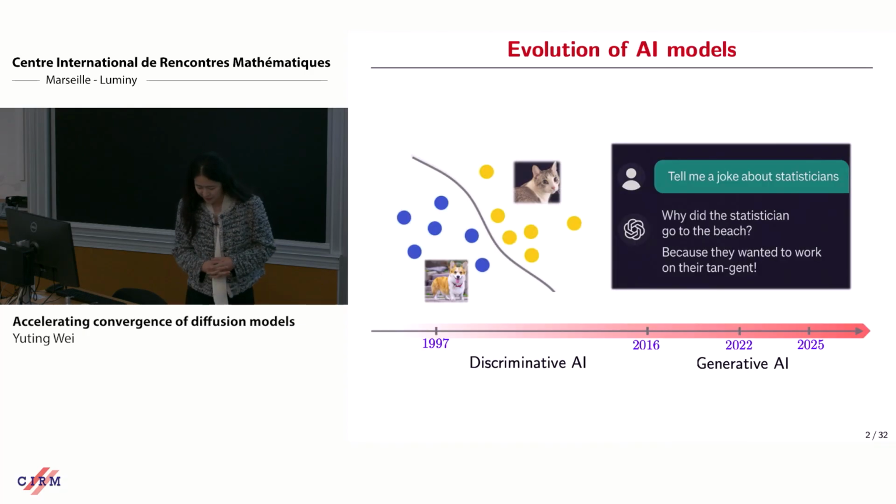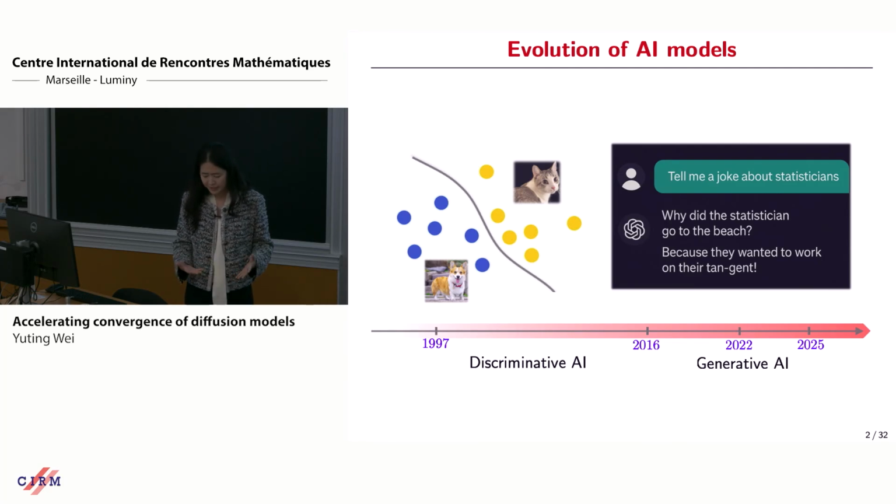We'll just start. As everybody knows, AI has gone a long way. In recent years, we have seen the meteoric growth of AI models. Among many features, one key feature of current AI models is that they go from more discriminative AI to more generative AI.